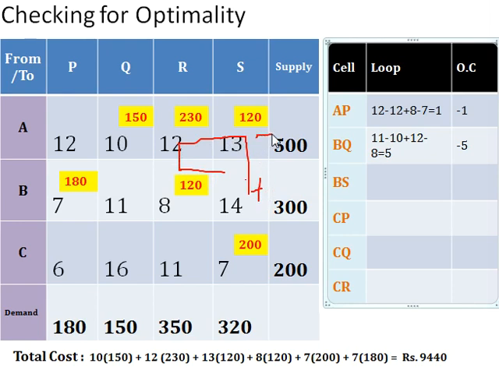So plus, minus, plus, and minus. So we can calculate the loop value 14 minus 13 plus 12 minus 8, and that will be equal to 5. So we have opportunity cost minus 5. Okay.